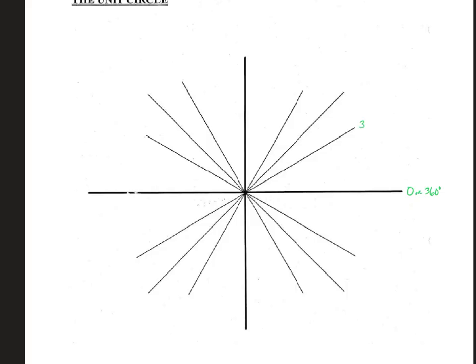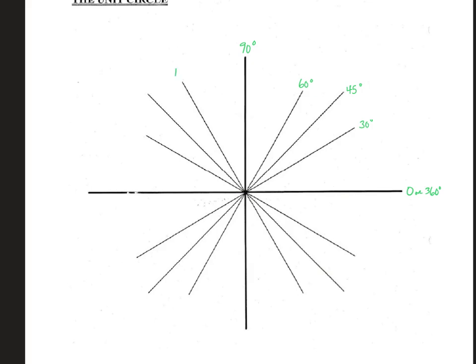So this first terminal arm would represent our 30 degrees, the next terminal arm our 45, the next 60. We get to our positive y-axis, which is a 90, and so on. So if you'd like to pause the video, go very quickly around that entire circle and label on all your special angles.